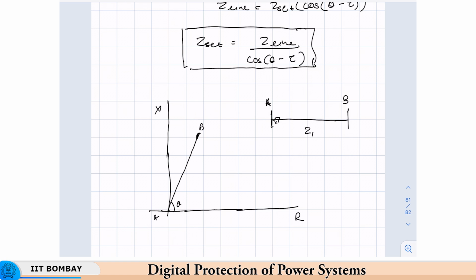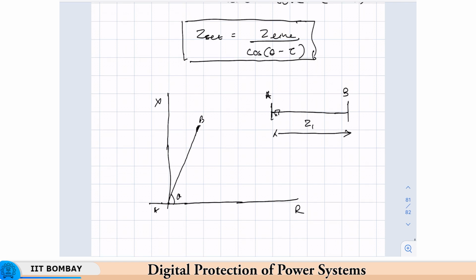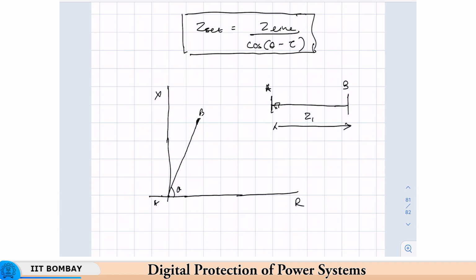And for faults very close to this bus here, or very close on this side, or on a fault on this bus also, it becomes impossible to distinguish where the fault lies. Okay, this is for a variety of reasons. We have made certain assumptions when we started the derivation. We said line charging is neglected, lines are fully transposed.